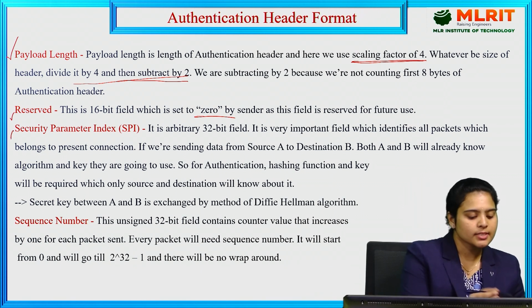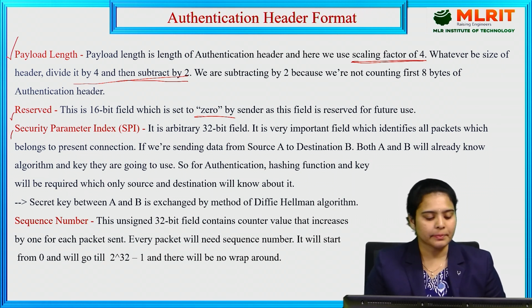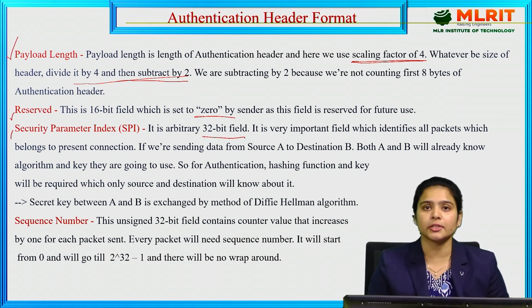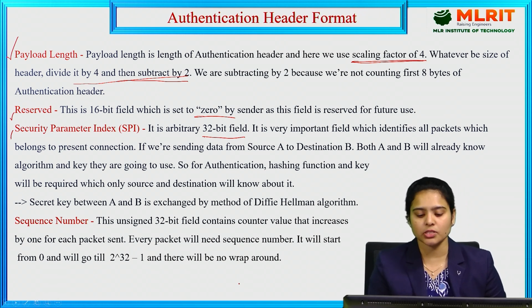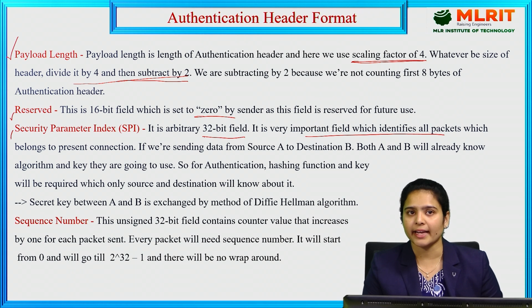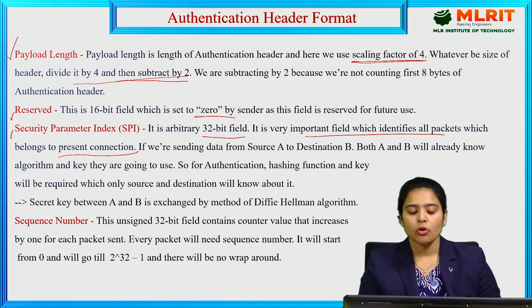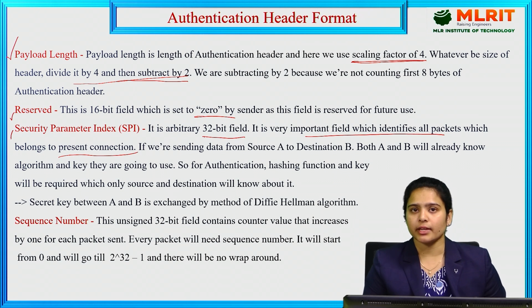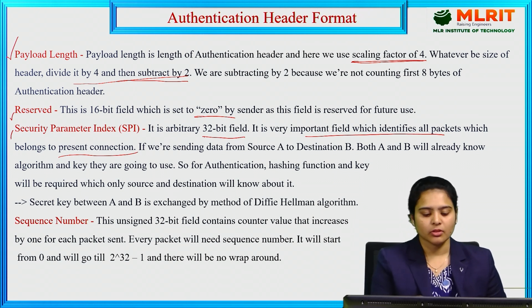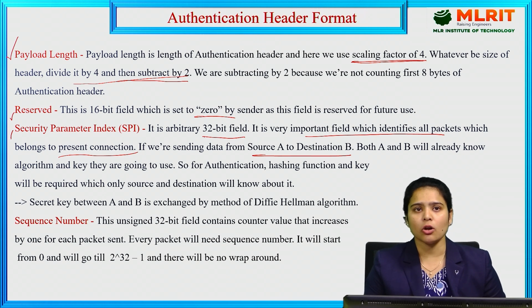The next one is the security parameter index, that is nothing but the SPI. Basically this SPI is an arbitrary field fixed at 32 bits. This 32-bit field is very important: it identifies which packets belong to the present connection. For example, if we are sending data from source A to destination B, they already know the algorithm to be used.